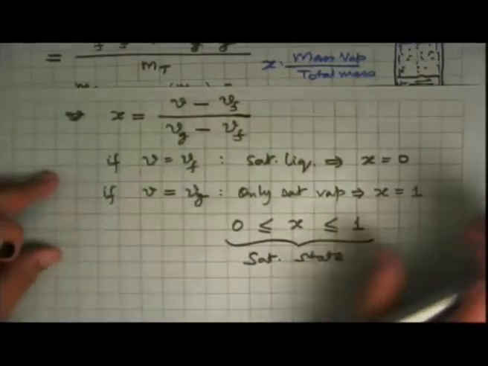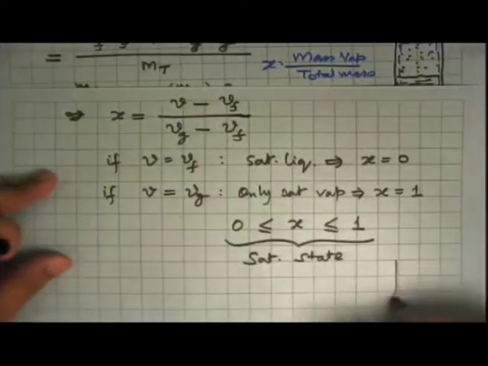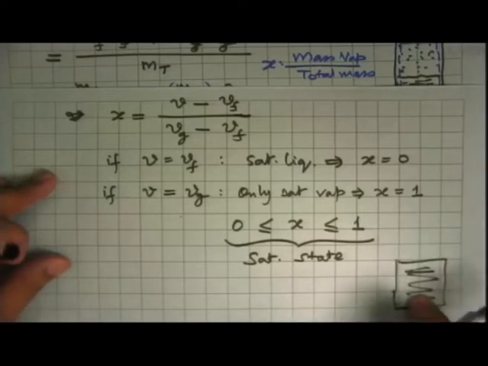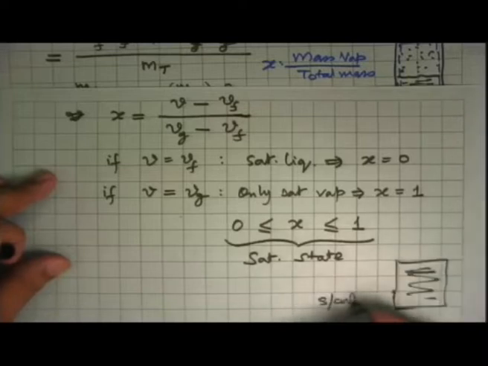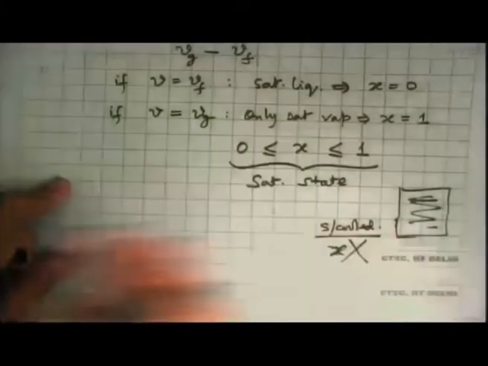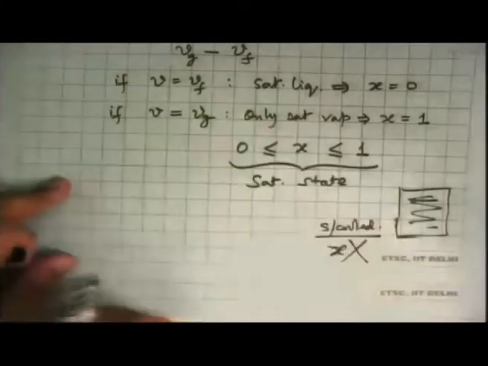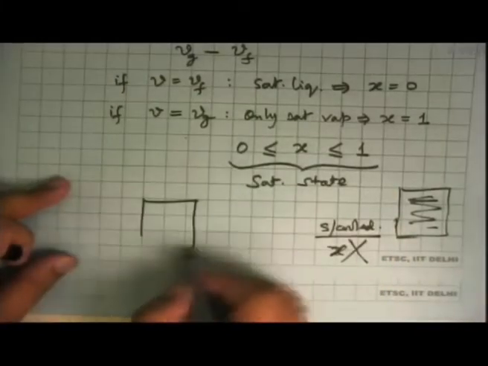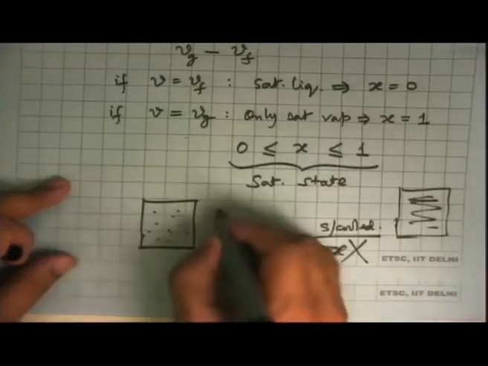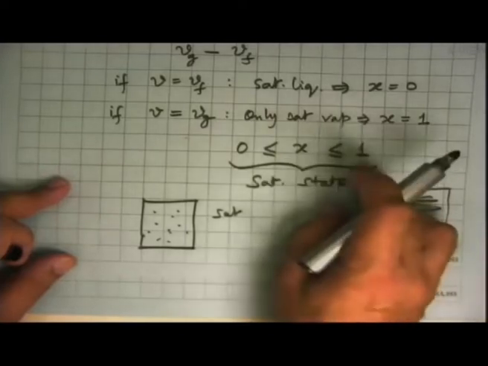So say that in a vessel or in any system, we only have a liquid. If it is saturated liquid, its dryness fraction is 0. But if it is subcooled liquid, then its dryness fraction is not defined. Subcooled liquid is not a saturated state, so x is not defined. Similarly, at the other extreme, if you have only vapor and it is saturated vapor, then yes, x is equal to 1.